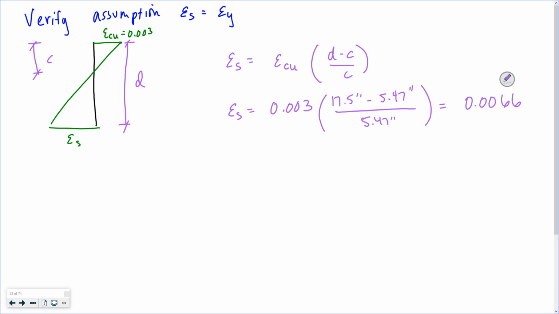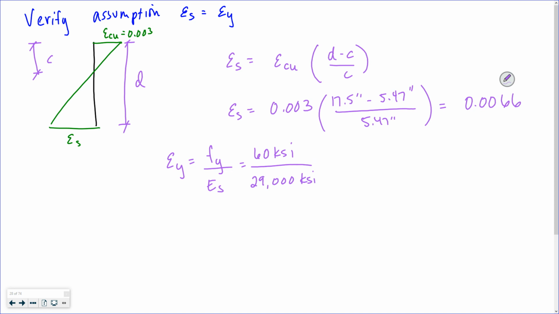What is the yield strain? So yield strain is the yield stress divided by the modulus of elasticity. So 60 KSI is the yield stress of my steel. Modulus of elasticity of steel, 29,000 KSI.